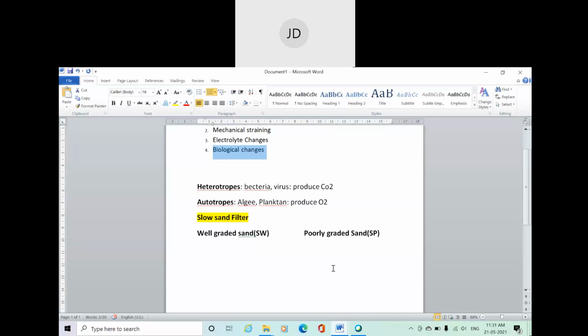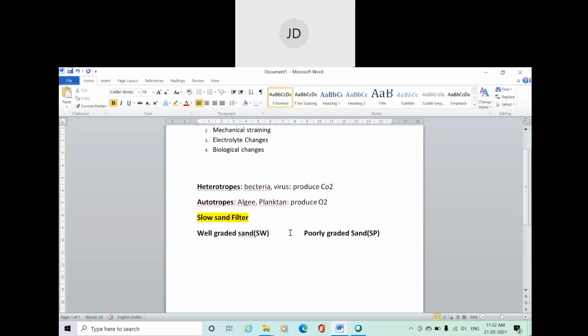Anyone? Well graded. Okay, roll number 81. Yes, correct. Well graded sand has lesser voids, and poorly graded soil comparatively has larger voids.